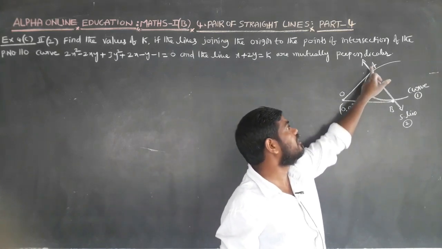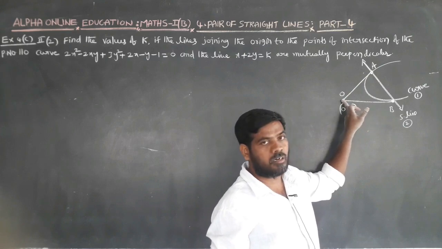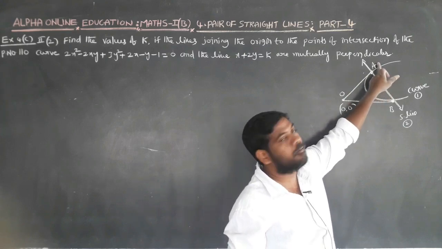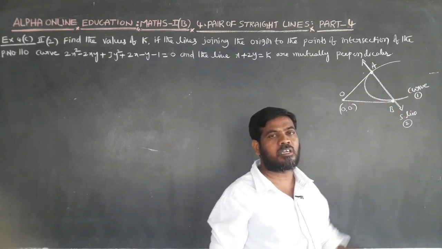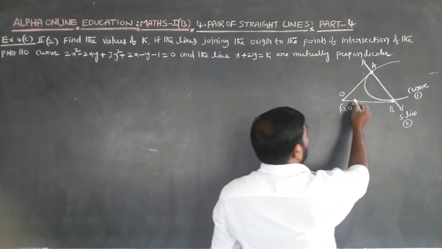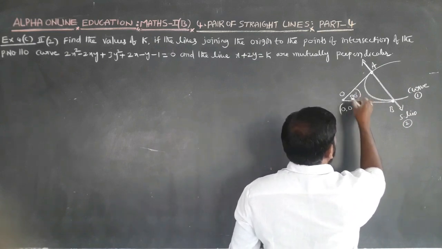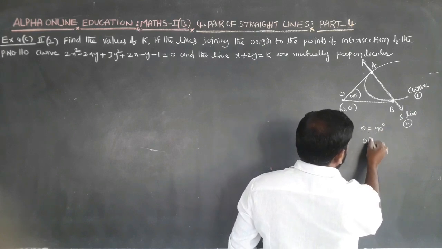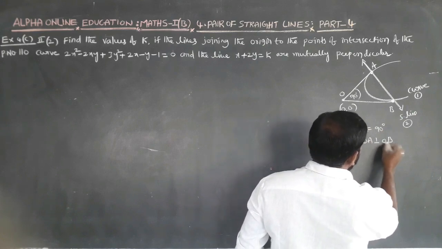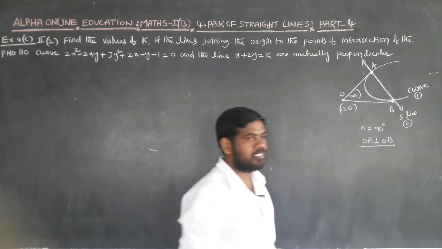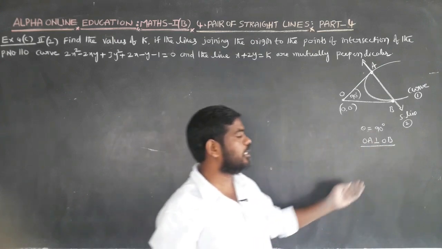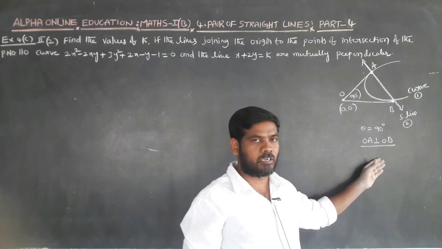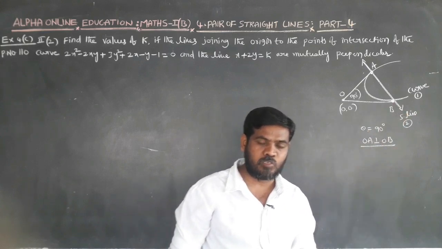The lines joining the origin to the points of intersection of the curve and line are mutually perpendicular, which means the angle between the two lines is 90 degrees, so the lines OA and OB are perpendicular. Then find the value of k.